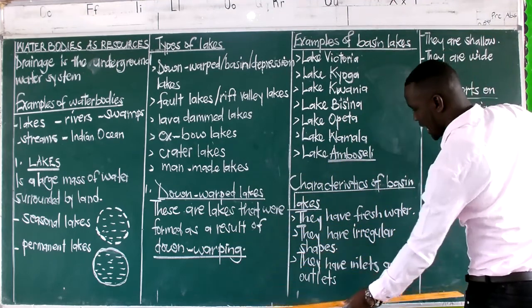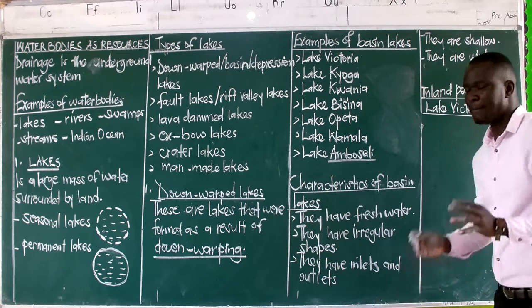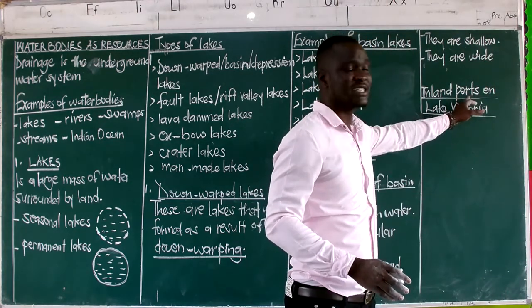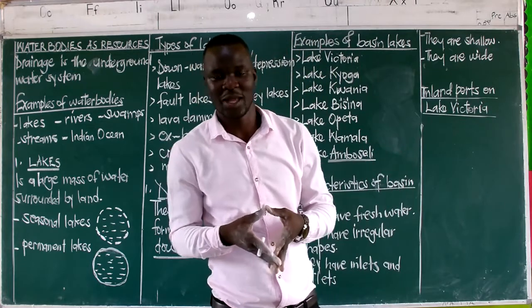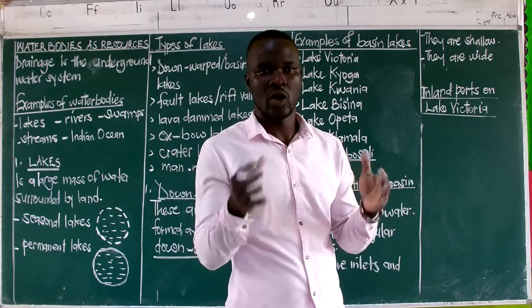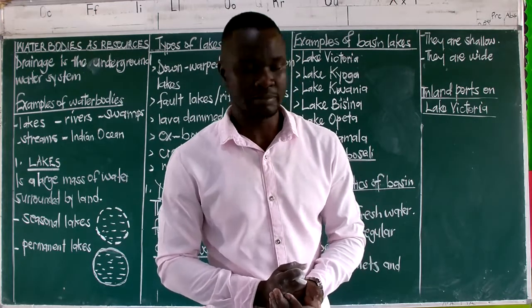If you forgot, I am going to remind you. A port, remember, is spelled with an R, not the other one for storing water. We said a port is that area where ships load and offload goods.